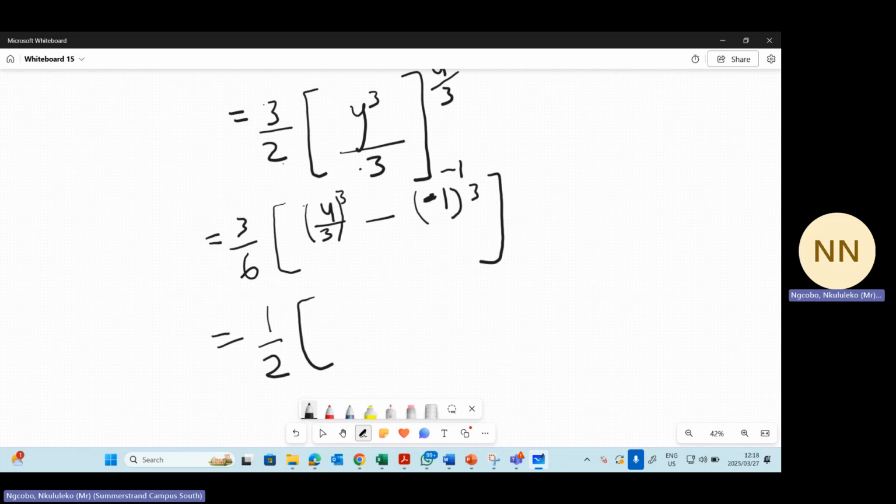Where now you have u cubed over 3 cubed. 3 cubed is equals to what? It's 9, right?